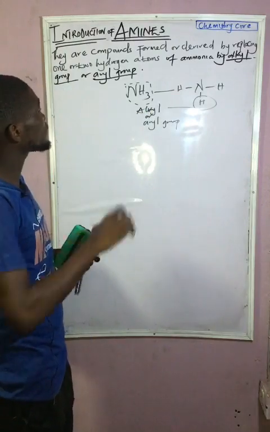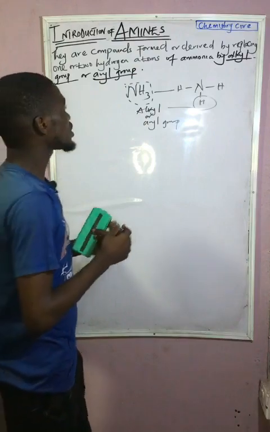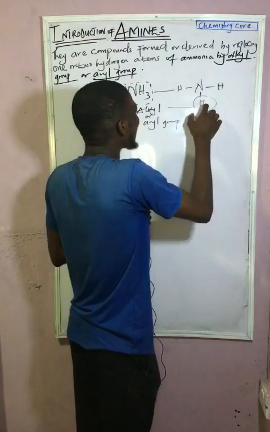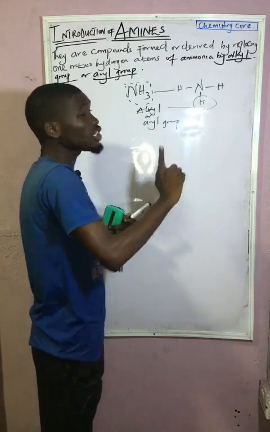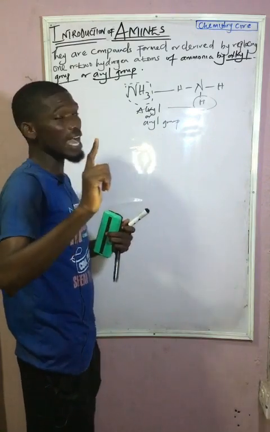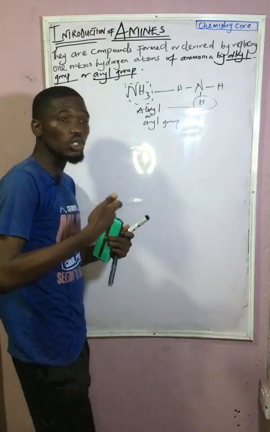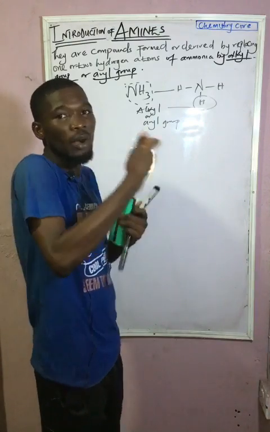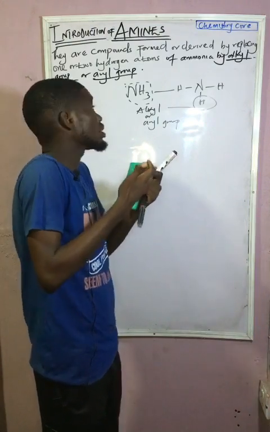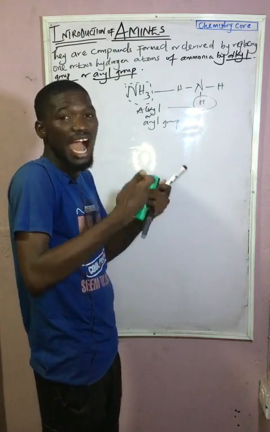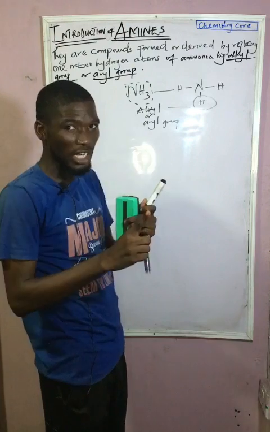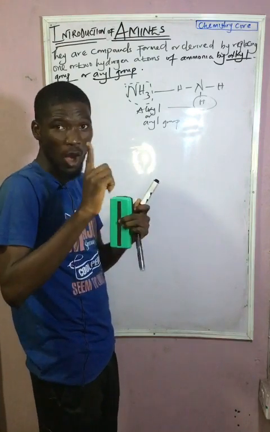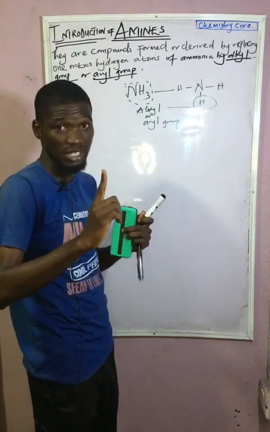So telling you that for every amine, if you are to replace this by either alkyl group or aryl group, mind you, the alkyl groups are those gotten from alkane. Alkyl is the removal of one hydrogen atom from the parent alkane, and the first member of this alkyl group is what? Methyl.